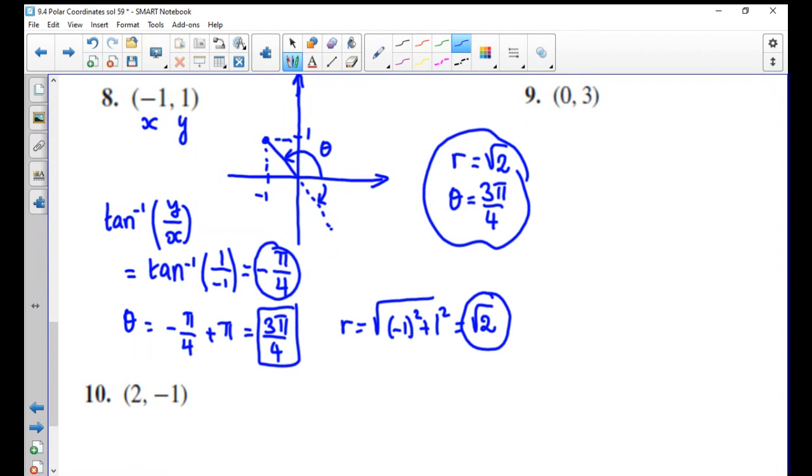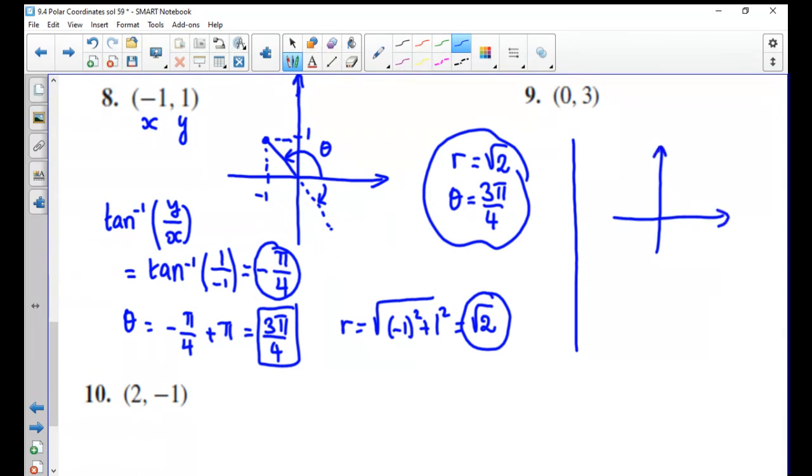No, you don't always add the pi to theta. It depends on where the point is. If your point is in quadrant 2, you add pi, yes. If the point is in quadrant 1, you will not need to add, because you can check.